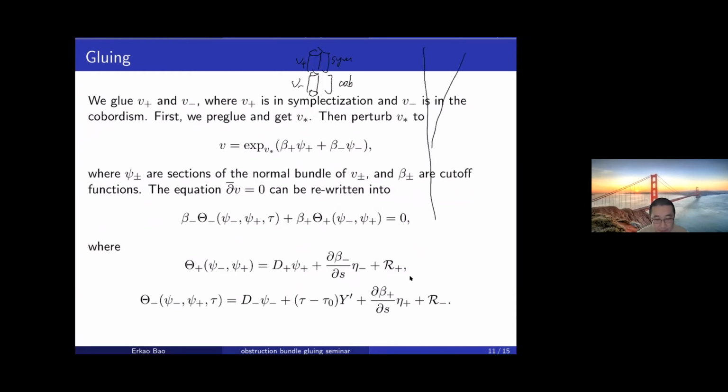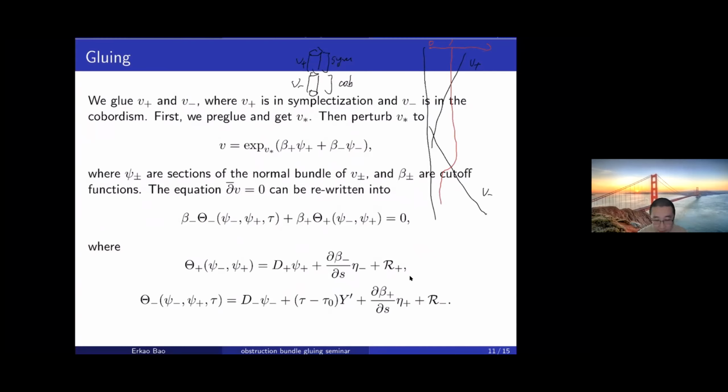So this is V plus, and this is V minus, and then one uses the cutoff function beta plus like this. So this is a 1, this is a 0.